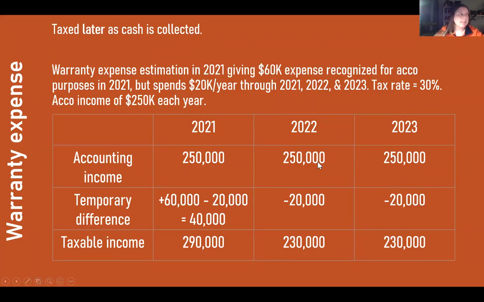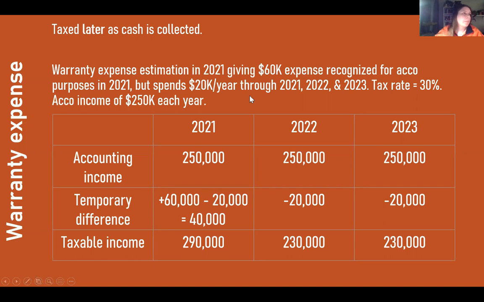For warranty expenses, it's taxed later as cash is paid. So same principle as installment sales. A warranty expense estimation in 2021 gives a $60,000 expense recognized for accounting purposes in 2021, but you actually spent $20,000 through each of 2021, 2022, and 2023 for warranties. Your tax rate is 30% and accounting income is $250,000 each year.